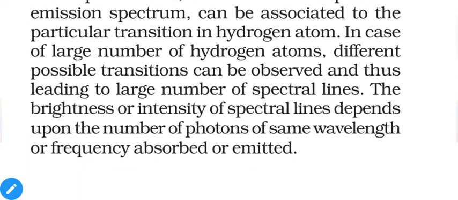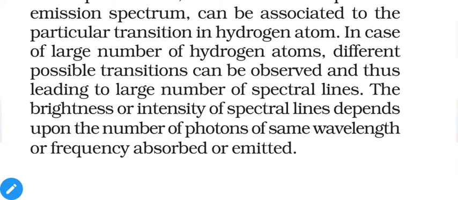The brightness or intensity of a spectral line depends upon the number of photons of the same wavelength or frequency absorbed or emitted. Let us say all the hydrogen atoms are shifting from the third principal quantum number to the second principal quantum number. That means they will emit red light. Suppose the number of light emitting electrons is 10.